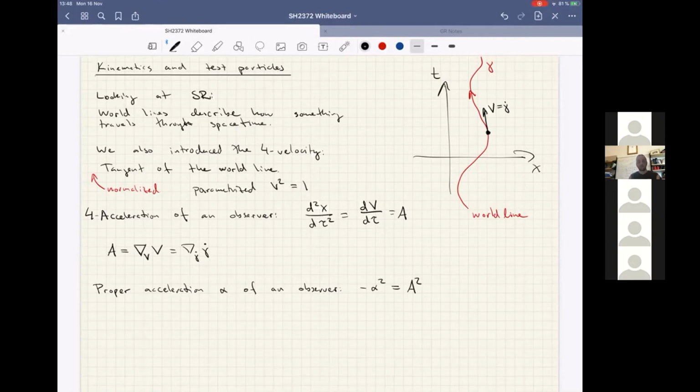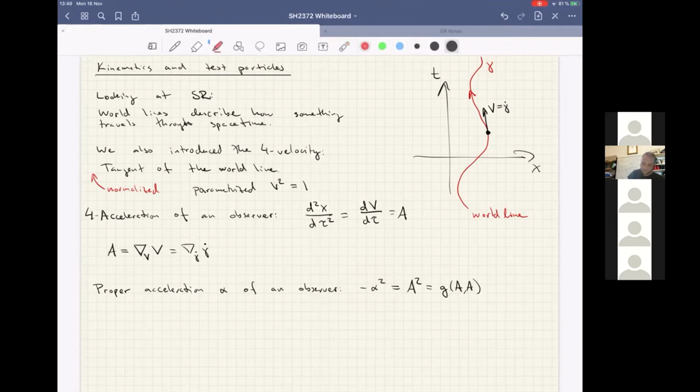It's what an accelerometer will measure essentially, and that is the metric acting on A and A. And it should be noted that you can show that as long as V is a time-like vector, so as long as we have an observer, the 4 acceleration A is going to be space-like, which means that it has negative norm, which is why we have to put a minus sign in front of the alpha here.